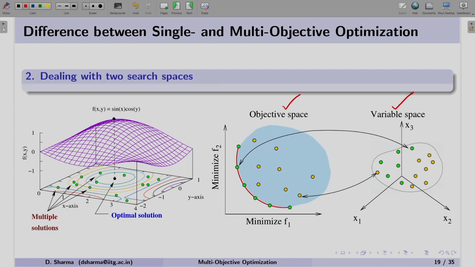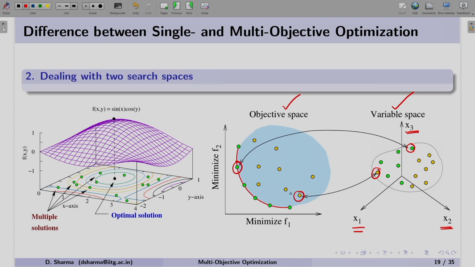So, single objective optimization only deals with just one space, but if we look at multi-objective optimization, it deals with two spaces. One is called objective space, second is called variable space. As the name suggests, the value of our variable or the vector x, so the values of x1, x2, x3, those values we will be searching in the variable space, and then we have a mapping. As you can see, for this particular solution we have this mapping into the objective space. This mapping we get based on the objective function, and here you can see we are showing the two mappings.